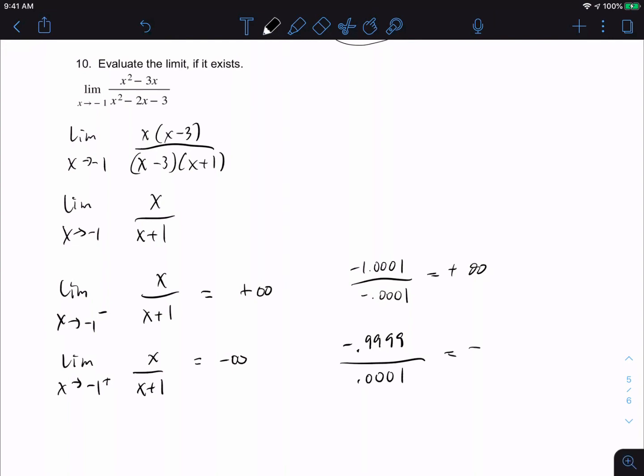They're opposite signs, so that's going to give me negative infinity. These do not agree, and since they do not agree, this is DNE. Just so you know, a ton of people plug in directly and put undefined, and they get the whole problem wrong.